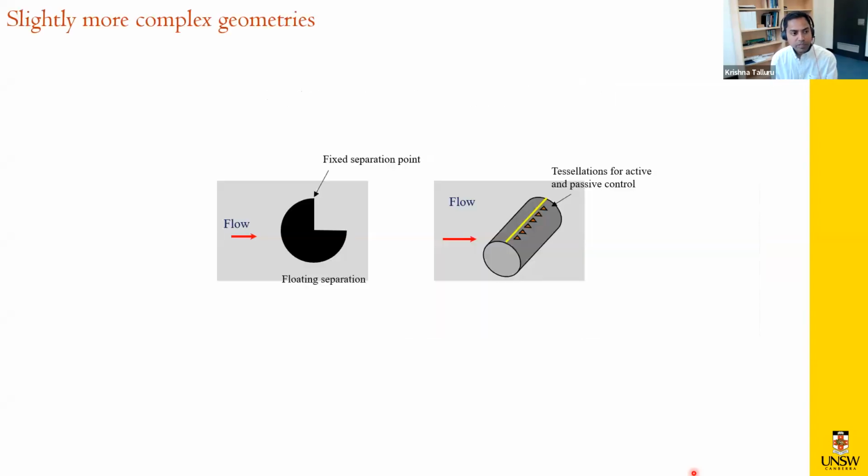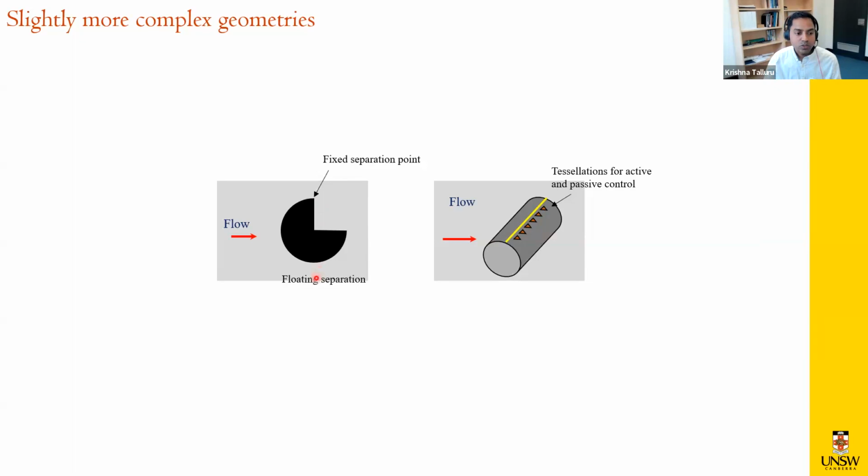So we will be using more complex geometries, such as the one on the left side, which we call the Pac-Man geometry. The good thing about this is you can have a fixed separation point on the upper side, and a floating separation point on the bottom. So you are actually forcing the flow to behave asymmetrically. So far, with the canonical geometries, there is a sense of symmetry about the symmetry axis or the cylinder axis.